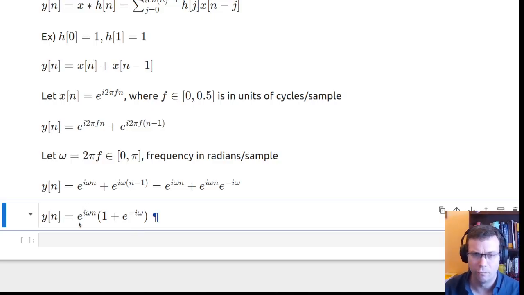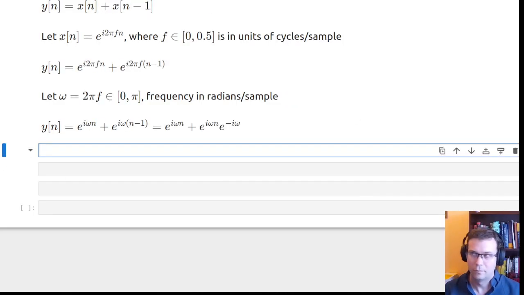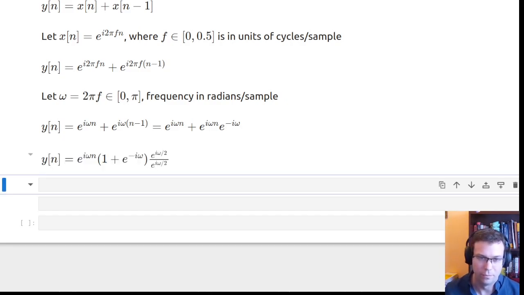And I'm not quite in that form yet. I have a magnitude 1 phasor here, but I've got a mix of a real number and some magnitude 1 phasor here. So what I have to do is multiply by a fancy 1. I'm going to multiply this by e to the i omega over 2 over e to the i omega over 2. And hopefully you can agree with me that this is going to be 1, because this can never be 0.